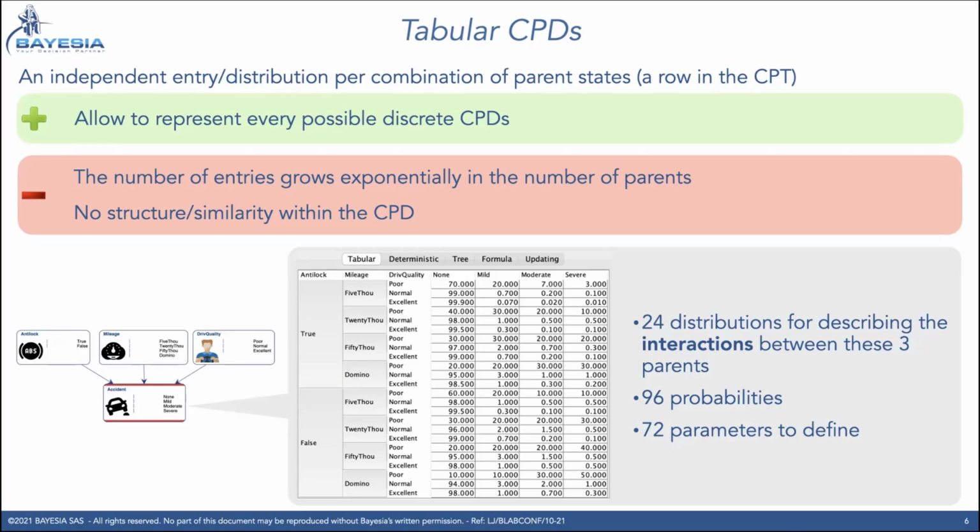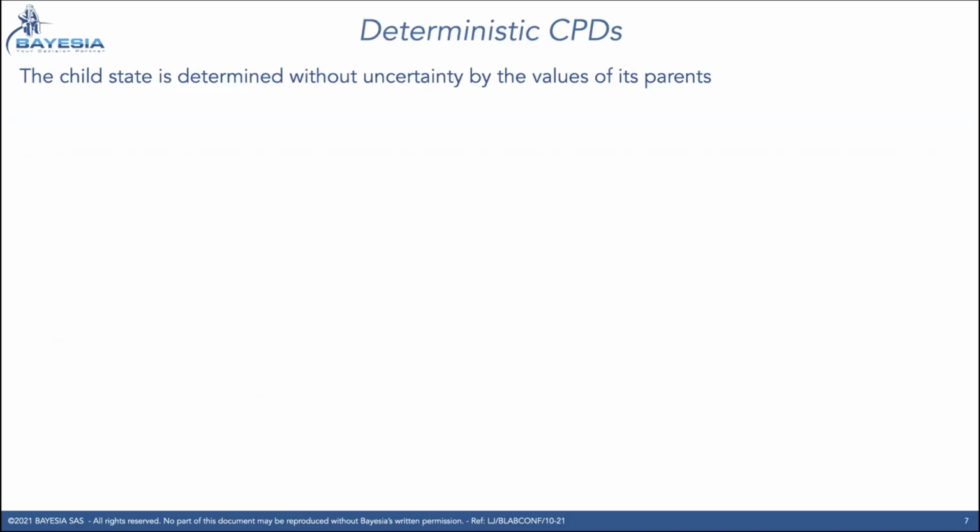This represents 96 probabilities, and at the end of the day, 72 parameters to define, because as you know, the sum of the probabilities is equal to 100. So we don't necessarily need to quantify severe once we know the probability of none, mild, and moderate, because the sum is equal to 100. This is the tabular representation.